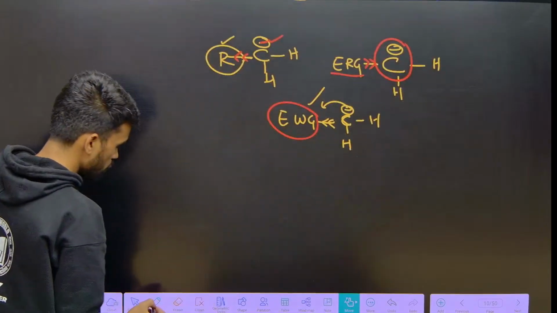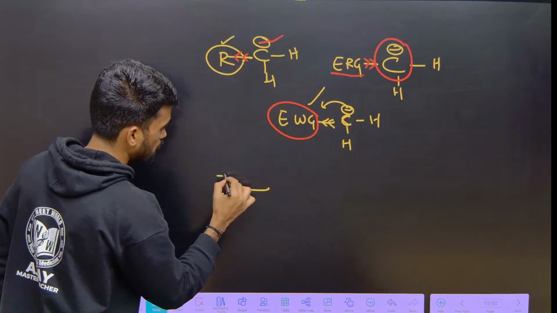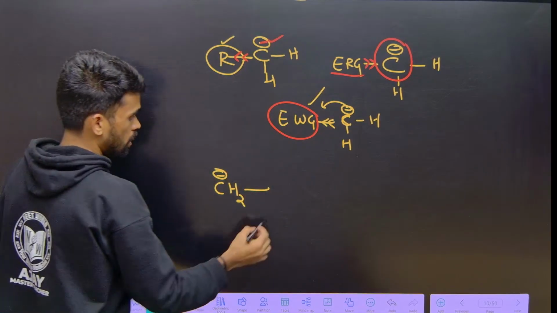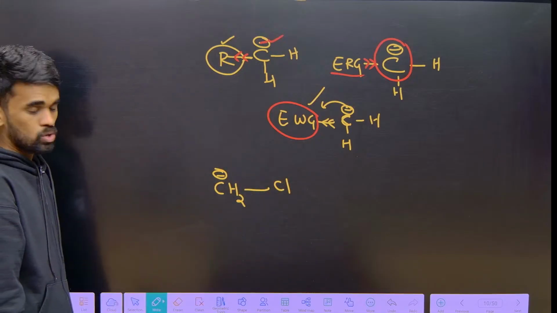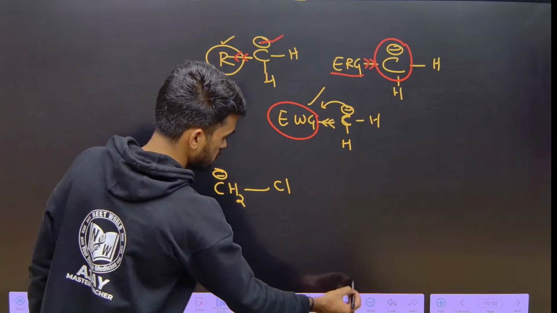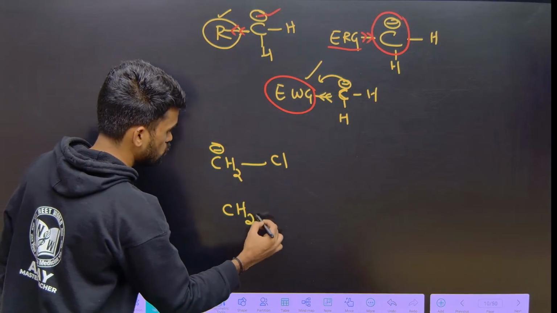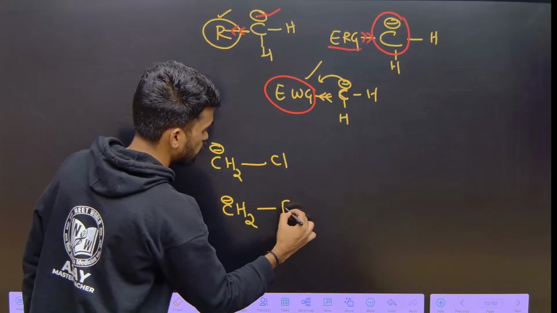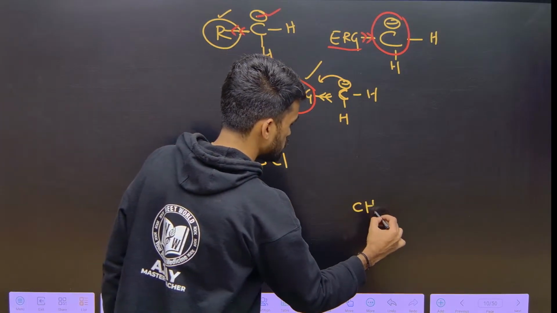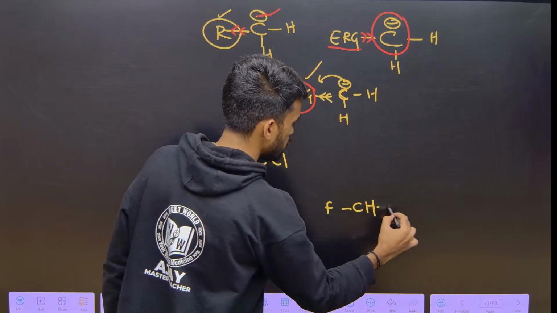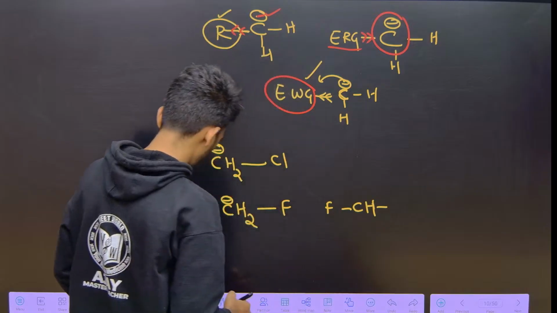See here, CH2 with a negative charge, and one chlorine atom here. Next one is CH2 with a negative charge and one fluorine atom here.